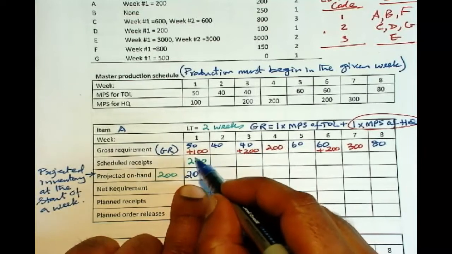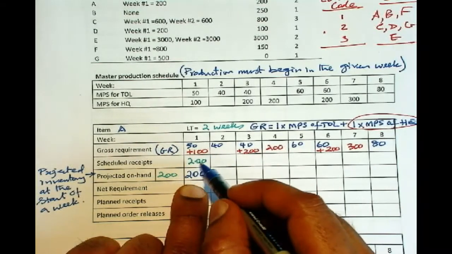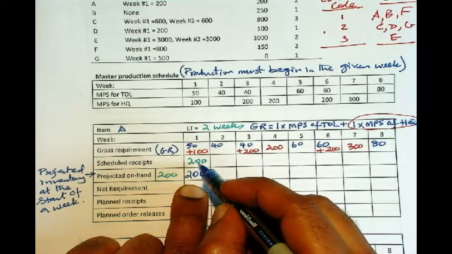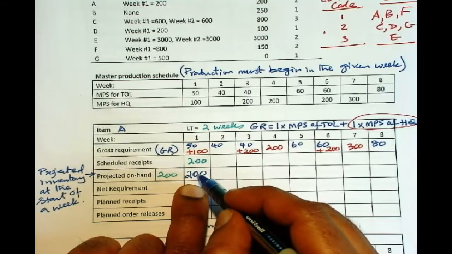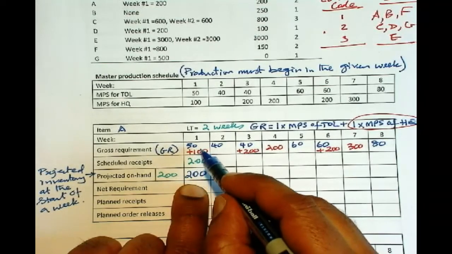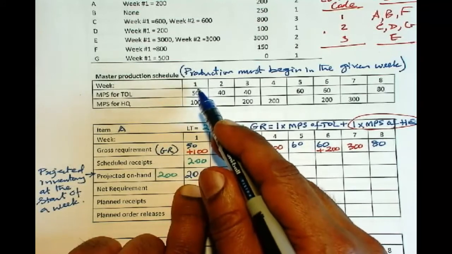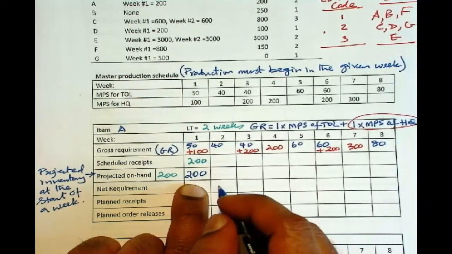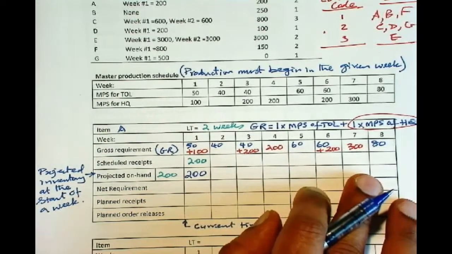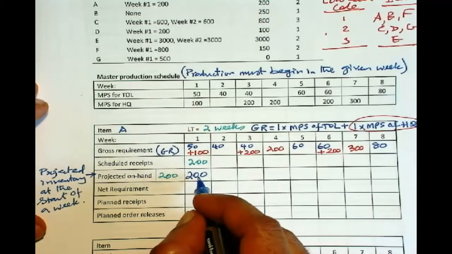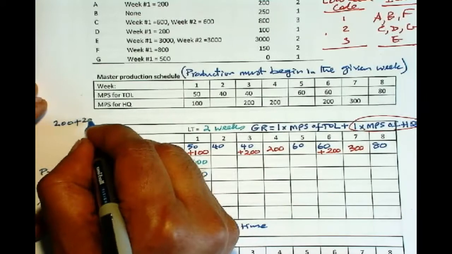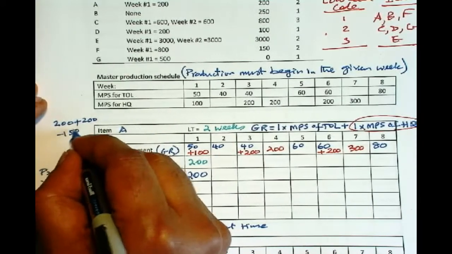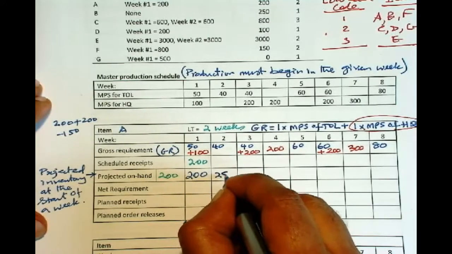Now, these are the quantities that are going to come in and going out during week 1. So we're going to get 200 coming in. So 200 already available plus 200, so that will be 400 totally available during the week. And during that week, 150 would be used up for those requirements for the parents. So this will work like this. So you have 200 plus 200 coming in minus 150, okay, and that's going to be 250.